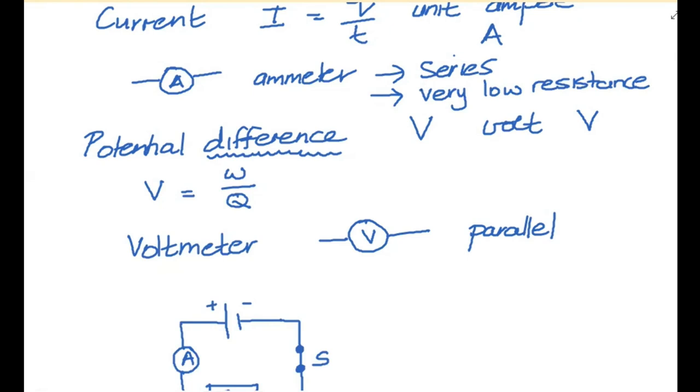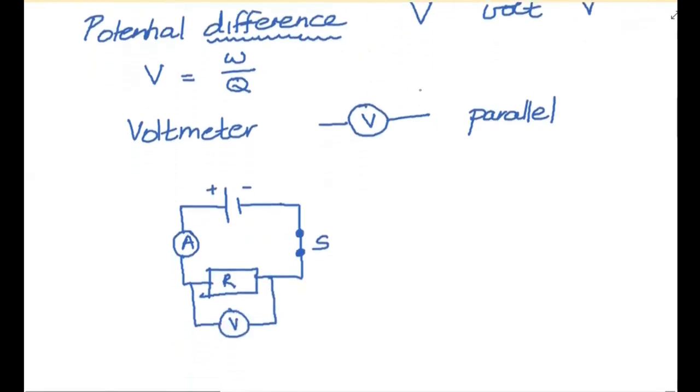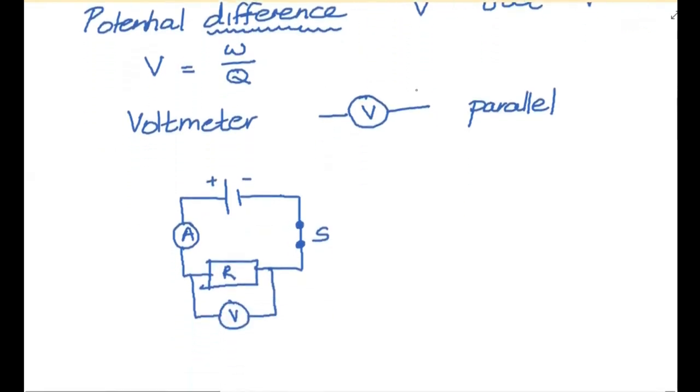So you'll see in a lot of questions that you get, they'll say the resistance of the ammeter is negligible, which means you can ignore it, so that we don't have to worry about it. In the same way that we have a very low resistance for ammeters, because we're placing voltmeters in parallel, we need to ensure that when we build a voltmeter, it has a very high resistance.